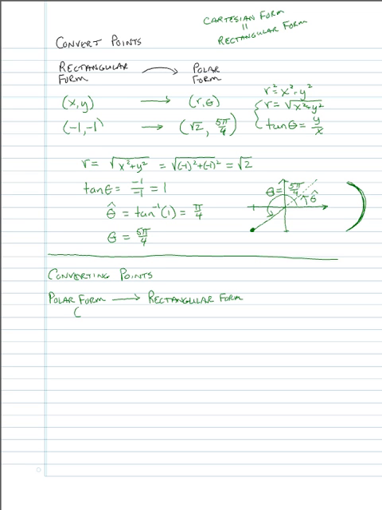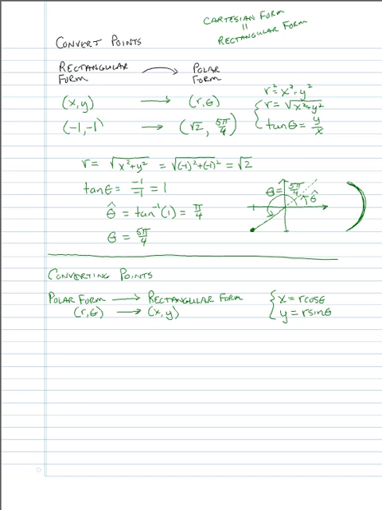That means we're starting with an r comma theta, and we're going to an x comma y. Well, this is easy because we simply use x is equal to r cosine theta to calculate the x, and we simply use y is equal to r sine theta to calculate the y. So when we're doing that conversion, it's relatively simple.